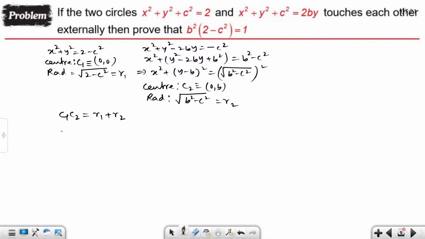So the distance between the two centers is root over 0 square plus b square, which gives us mod of b. And mod of b, the distance between the two centers, will be equal to the sum of the radii of the two given circles, which is root over 2 minus c square plus root over b square minus c square.